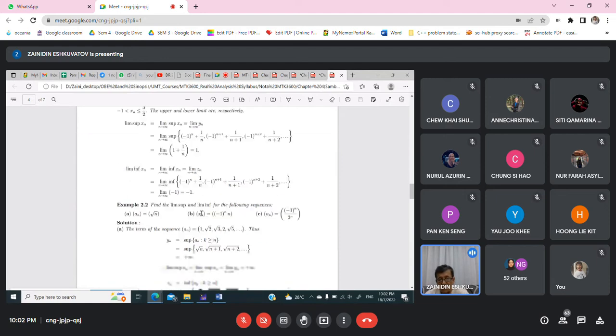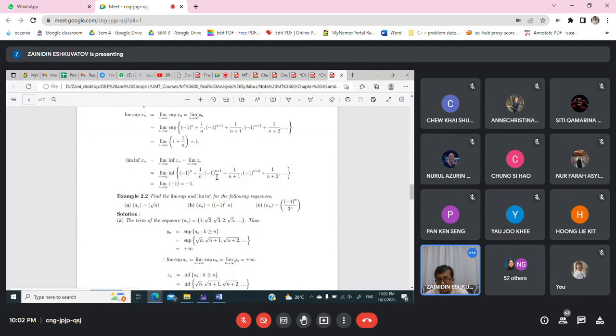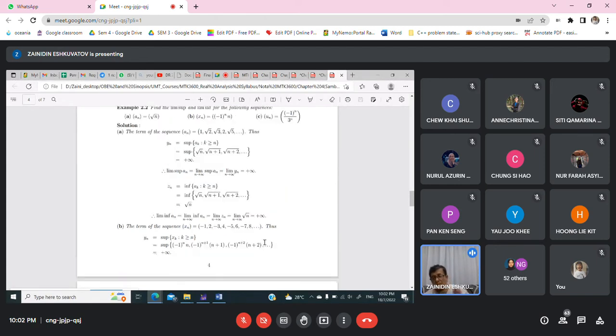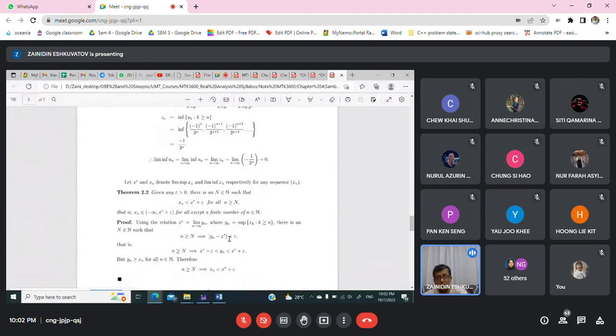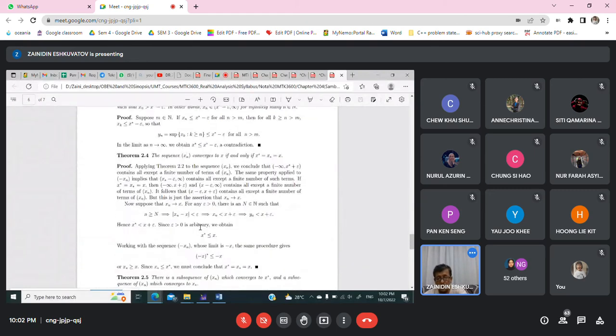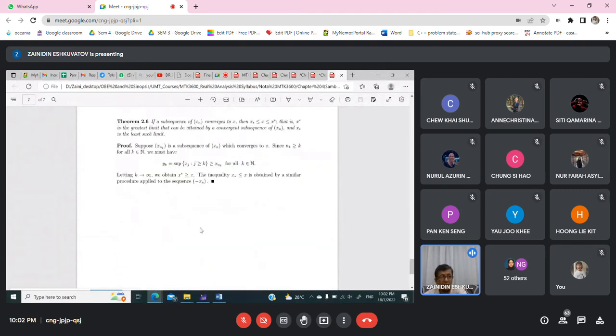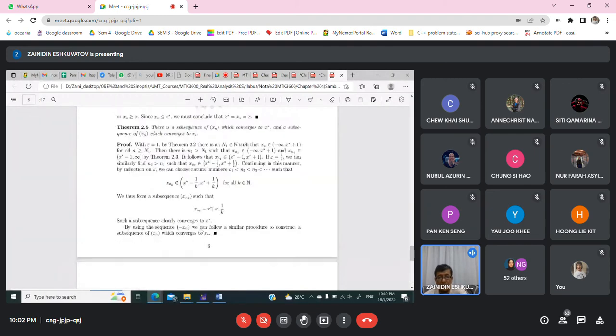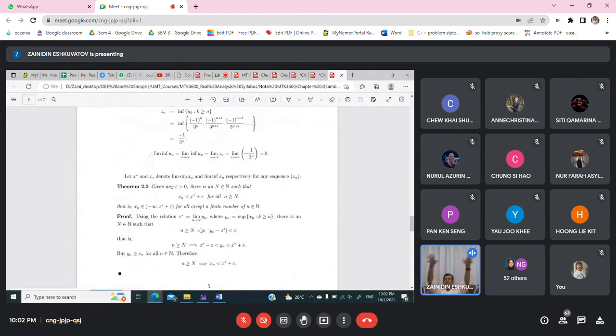Such simple problems you can deal with, like finding the limit supremum and limit infimum for the following sequence. No need to go too deep on this topic, because there are many other problems. Just read the beginning part, prepare, and exercise it.